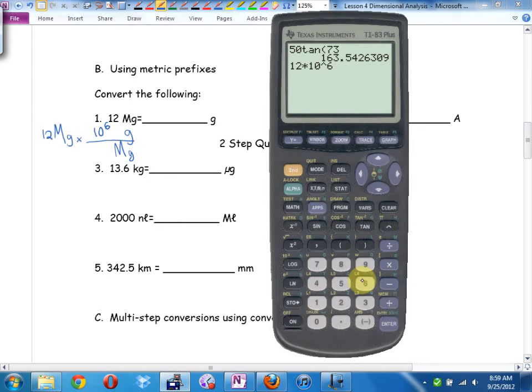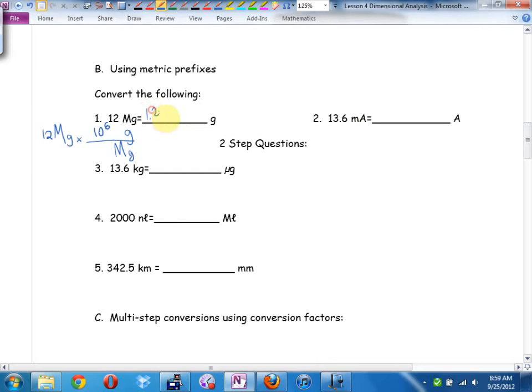We're not doing scientific notation here, so I'm not going to use my scientific notation button. I'm actually just going to type in the equation, and I get an answer of 12 million, or I could write that in scientific notation. 1.2 times 10 to the 1, 2, 3, 4, 5, 6, 7. Let's do it in scientific notation. 1.2 times 10 to the 7th grams.